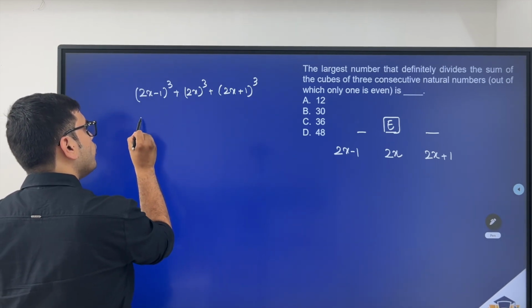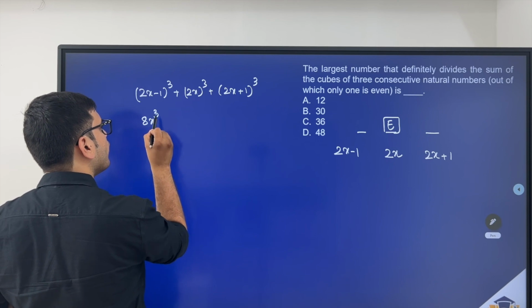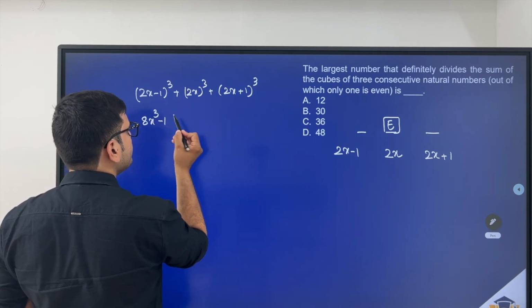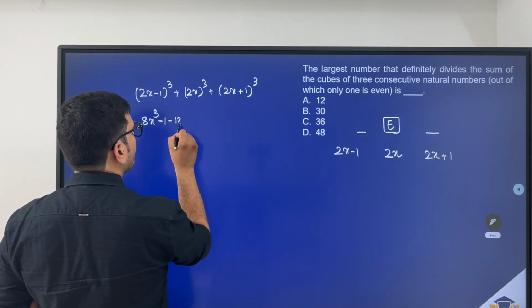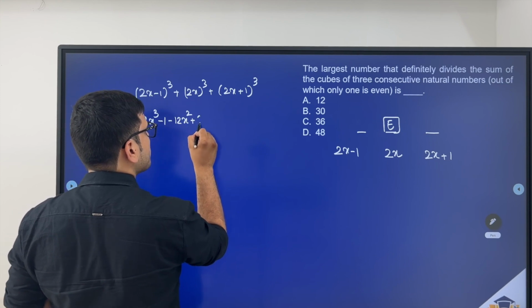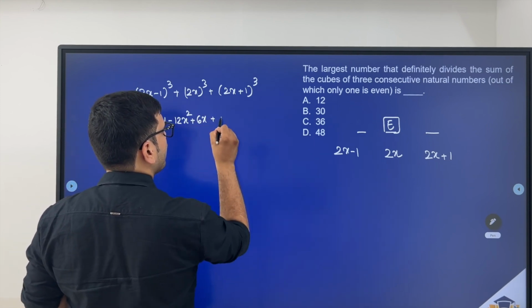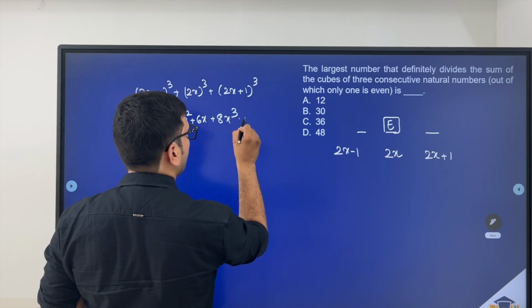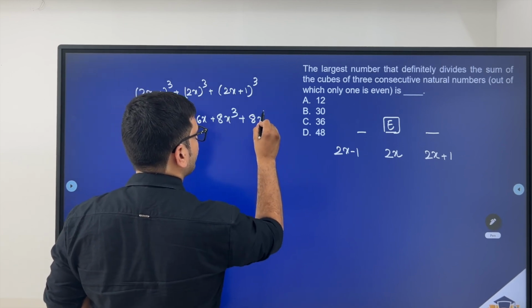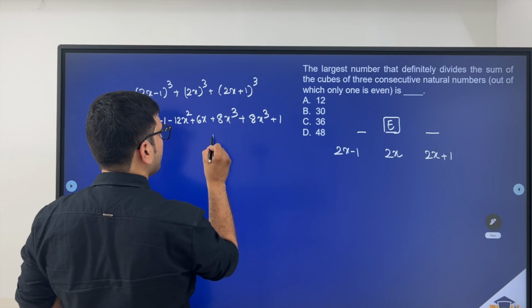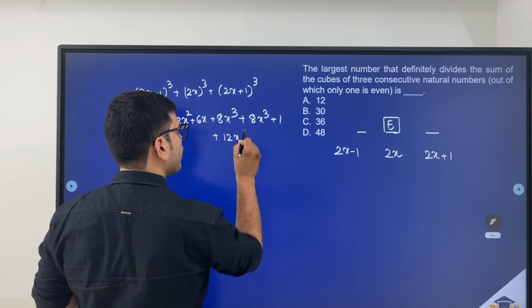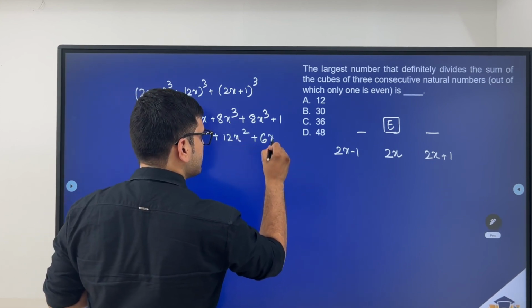Now if I expand, you will be having 8x cube minus 1 minus 12x square plus 6x plus 8x cube plus 8x cube plus 1 plus 12x square plus 6x.